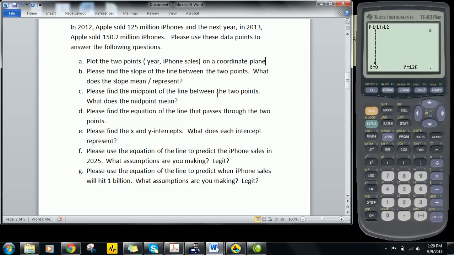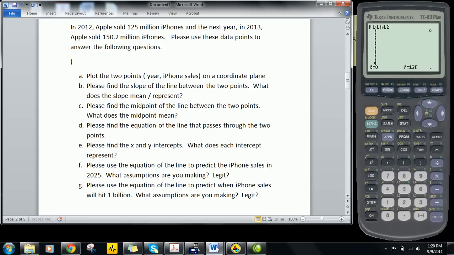I'd like to continue this problem we started today and reiterate some ideas pertaining to slope and equations of lines. So here we go. We have two ordered pairs. Instead of calling that the year 2012, we let X be the year after 2012.